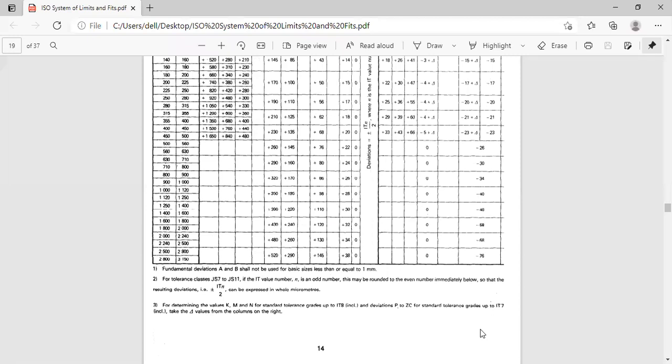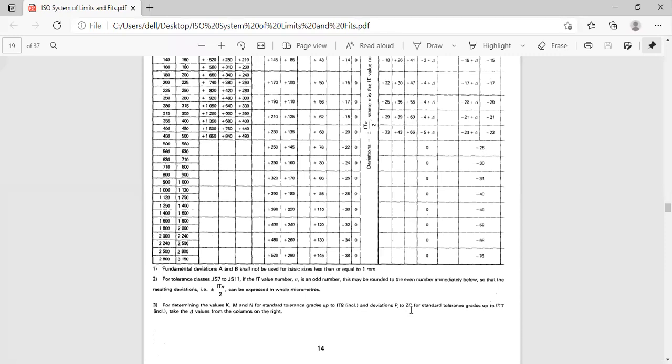So yeah, the values k, m, n for the hole, capital K, capital M, and capital N. So these are the tolerance grades up to IT8, international tolerance grade 8, H8 or any other alphabet related to the holes. And deviations here from P to ZC.